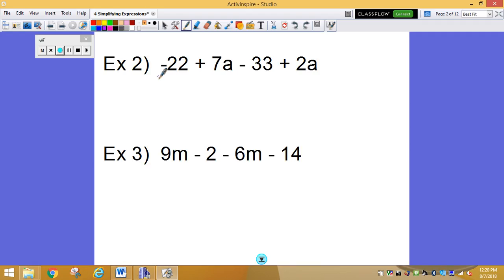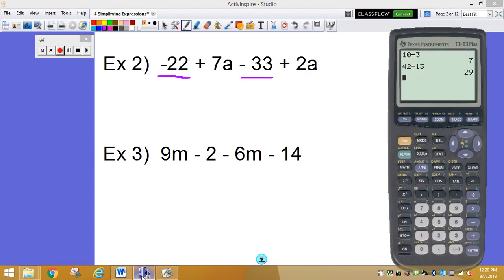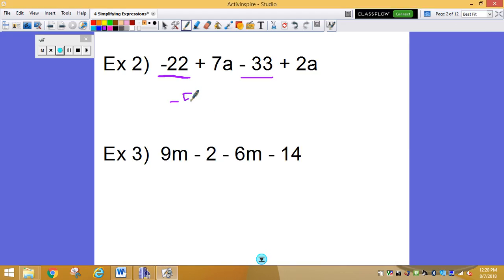Example 2, let's start with our whole numbers just because that's the first one. I got a negative 22. That has an a, so I'm not going to combine that. And then I got a minus 33. So let's type that in. Remember, negatives down here at the bottom. Negative 22 minus 33. And that gives me negative 55.